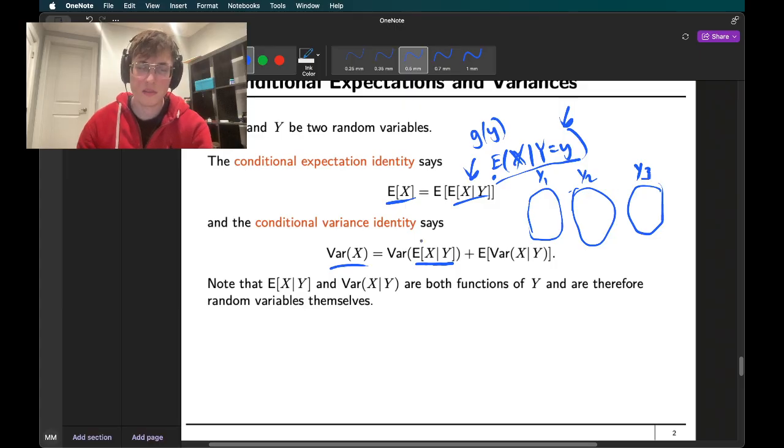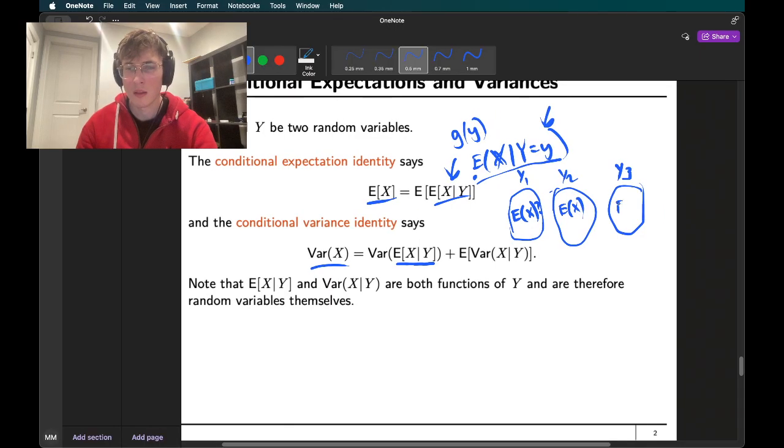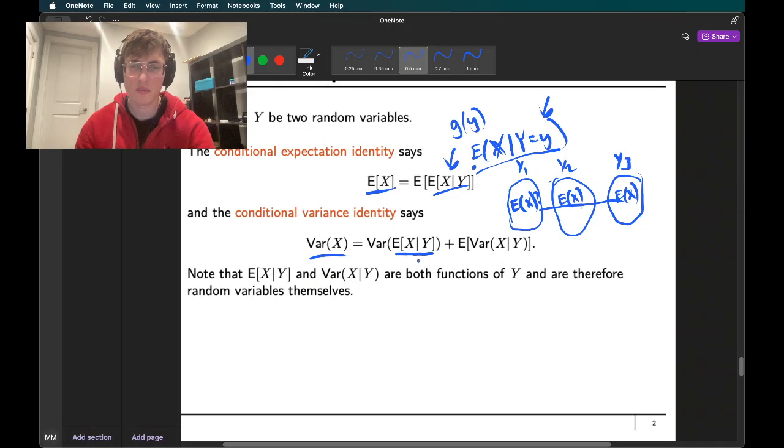Then for the variance of X, the expectation of X given Y is what is within here. What is the expectation of X given each value? Once we find this, we find the variance of these three numbers. Okay, so that's the first term.